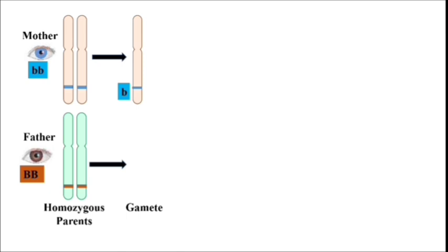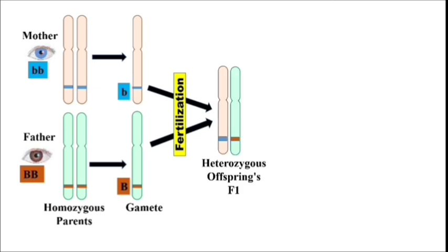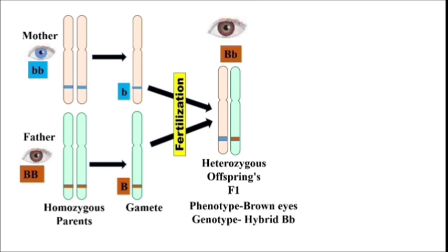At the time of gamete formation, these alleles will be segregated. Then, at the time of fertilization, both parents will equally contribute to produce the F1 generation. The F1 generation will have a hybrid genotype, as brown is a dominant allele showing complete dominance over the blue allele.